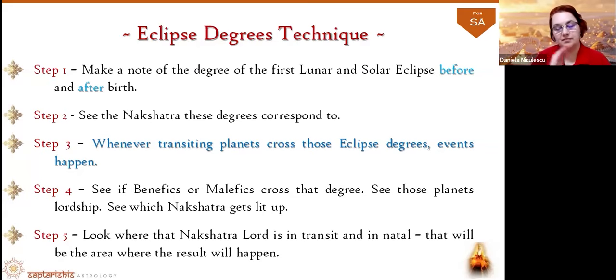Just see the degree of your solar or lunar eclipses and watch transits to that. That's it. Don't go further if this is too complicated right now. Don't go into nakshatras at all. Just see what planet transits over there, if it's Saturn, if it's Rahu, if it's Moon. Even the Moon can trigger, especially if it's aspected by other planets. Okay, first example.